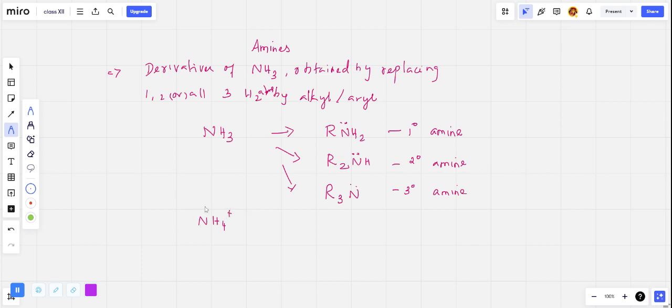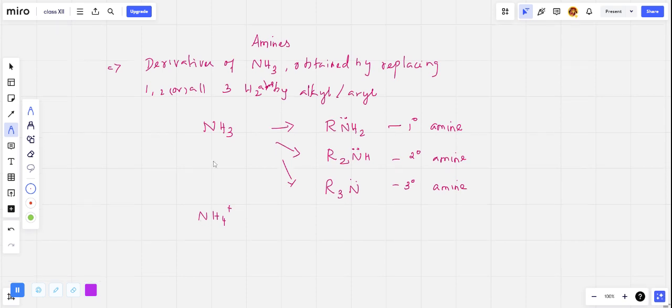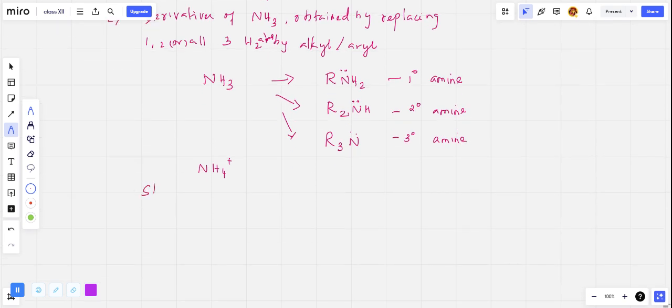If you want to learn about the structure of amine, this is the structure. Amine means ammonia, so it will be like this with all three hydrogens. If all three hydrogens are replaced, you will get a tertiary amine.